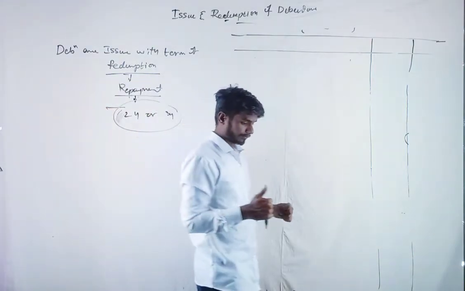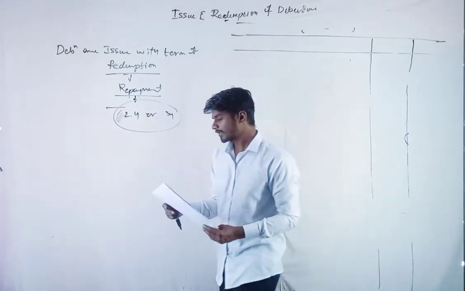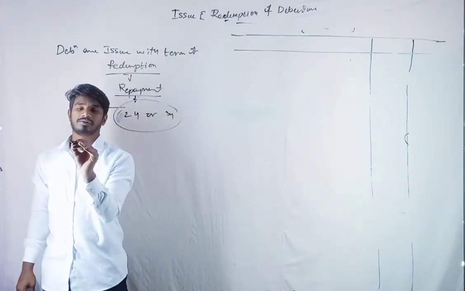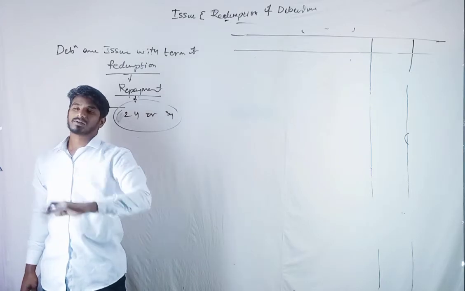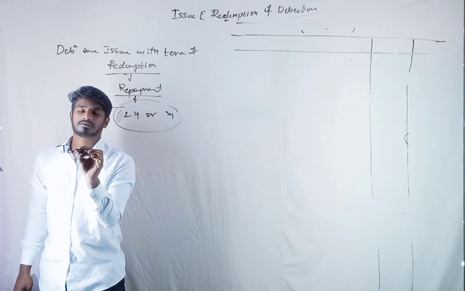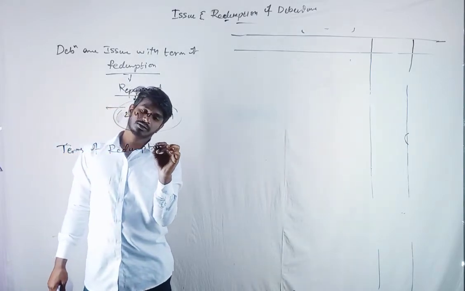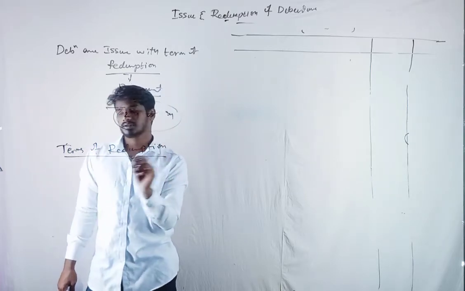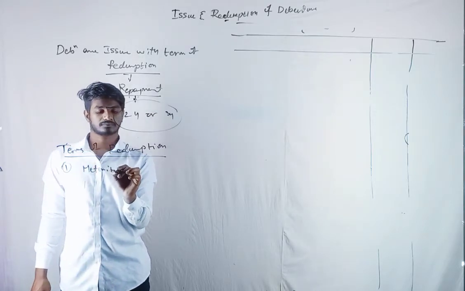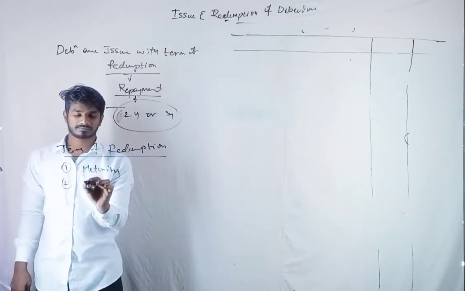Okay, done. Next, we have some 5 cases. Before that, terms of redemption. What are the terms of redemption? On what term will we redeem? The first one is maturity. The second one is method of redemption.